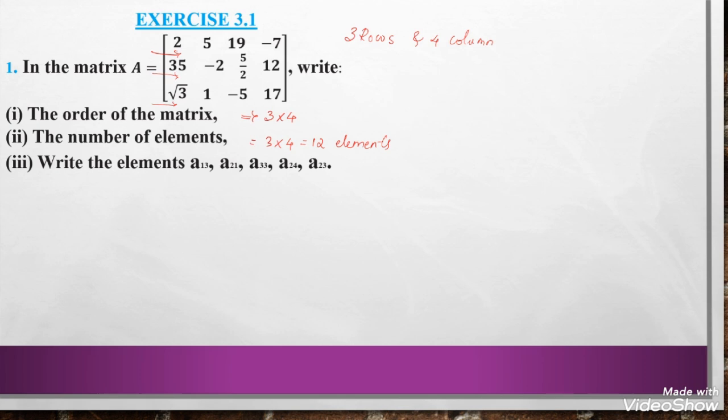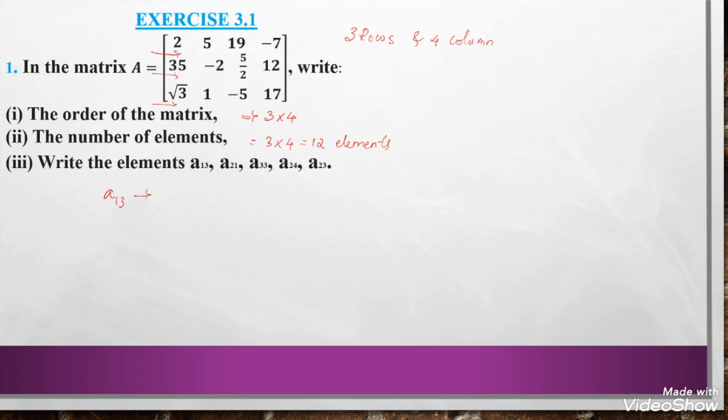Write the elements A13, A21, A33, A24 and A23. As we know about the position of the elements in the matrix, A13 represents the element in the first row, third column.